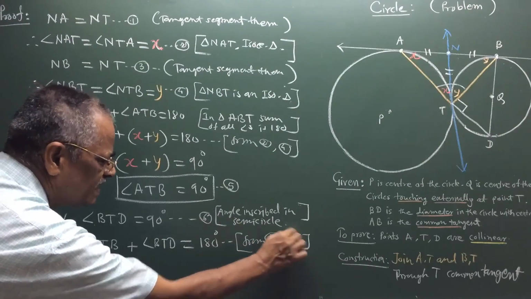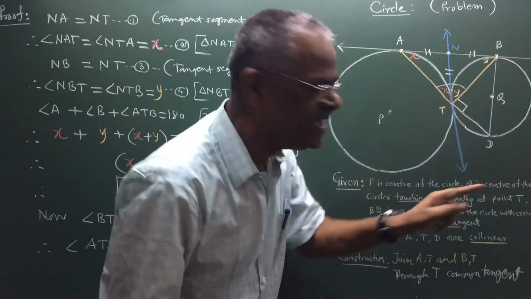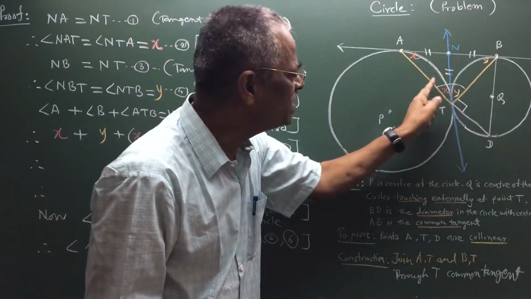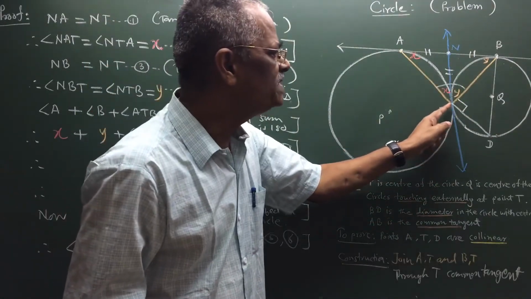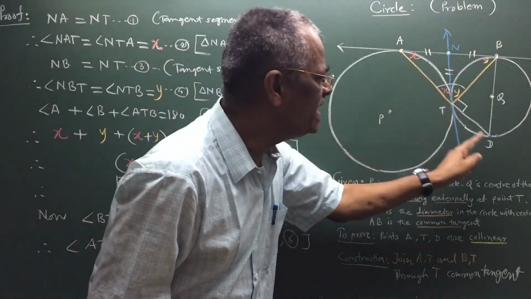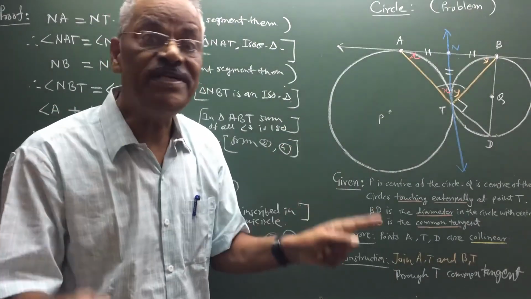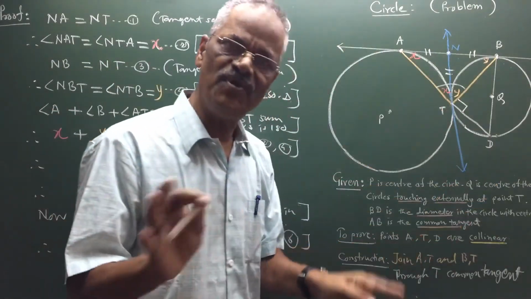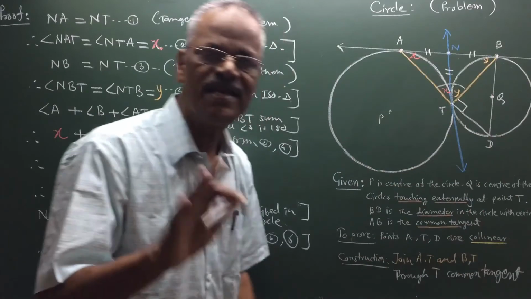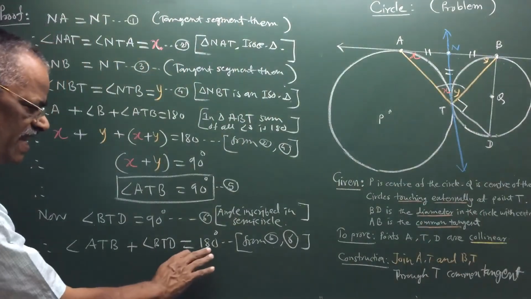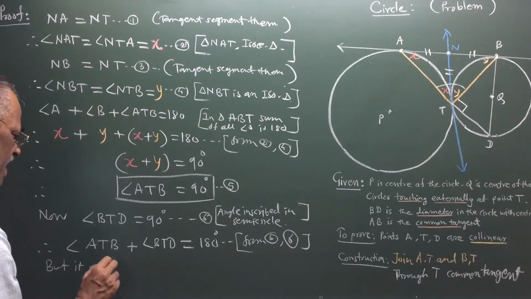The sum of two adjacent angles, ATB and BTD, is 180. So definitely you can see that the uncommon sides TA and TD are forming a line, opposite rays. TA and TD are opposite rays. So what is the meaning there? A, T, D are collinear. So this is a linear pair.